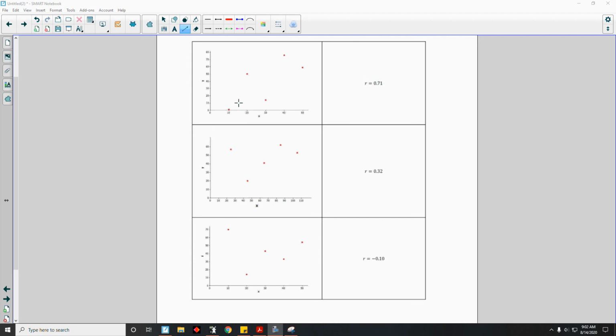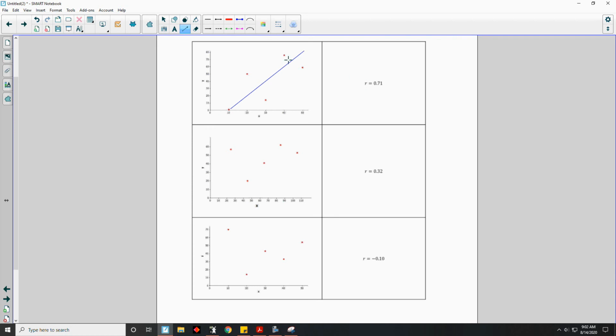So the positive value is going to tell us that it has a positive correlation. 1.00 is 100%, 100% of the points are on the line, if you will. 0.71 is fairly strong, and then when you get to 0, that is the weakest it can be. 0 means there is no correlation whatsoever. It's just a mishmash of points all over the place with no shape or form.